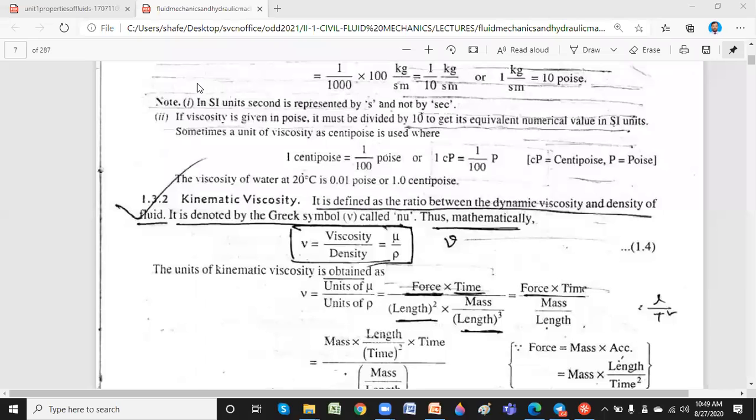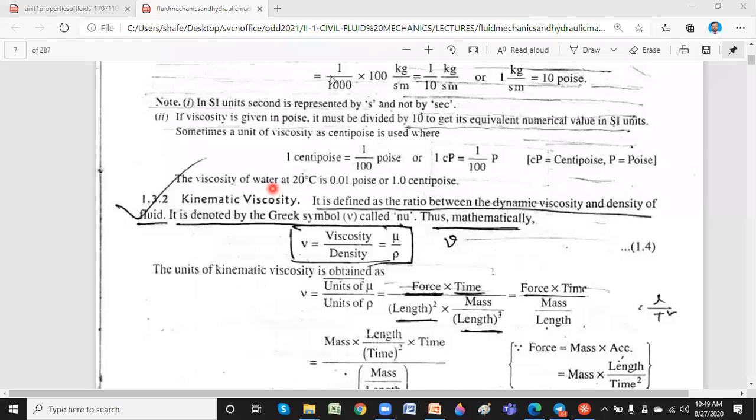Okay. Now why is that paste-like thing converting into liquid here? Because in the case of liquids, if we increase the temperature, the viscosity is going to decrease.